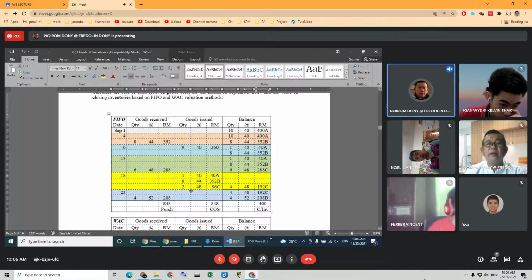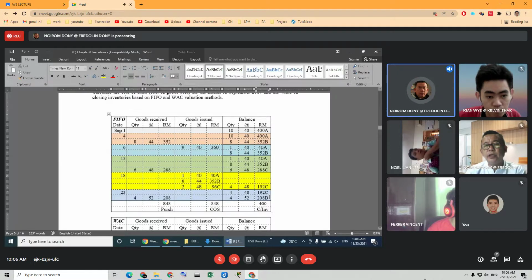Then on the second row, you record the purchases. So we have 4, 52, and 208. 4 times 52, 208. Then update your balance. So 4, 52, 208.